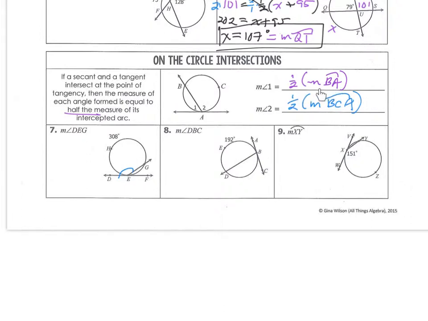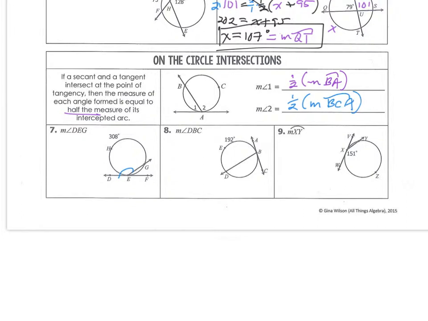Is that any different than an inscribed angle? Wasn't the inscribed angle also half of its intercepted arc? Right? So why can't I just look at this and go, okay, visually that's bigger, and we have to go to something smaller? Can't I just take half of 308 and get that angle?